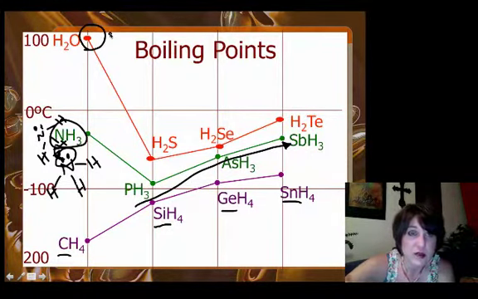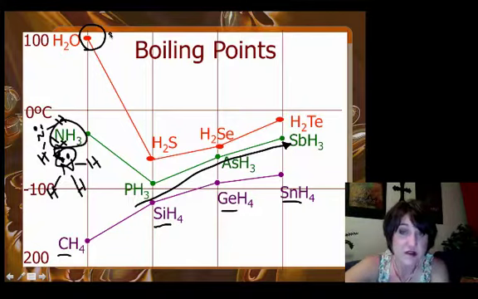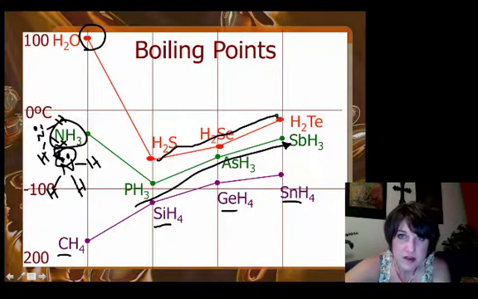For water, the boiling point is 100 degrees Celsius. I know you already knew that, but look how it does not fit the pattern for the other elements in its family. They start out low and increase as the molar mass increases, yet water is the smallest and it has the highest boiling point.